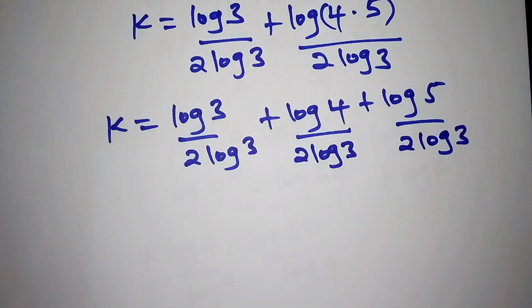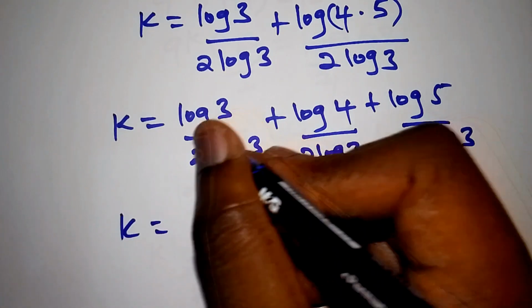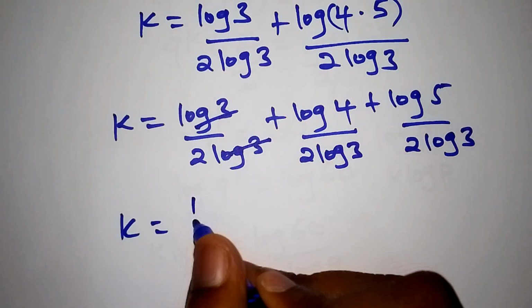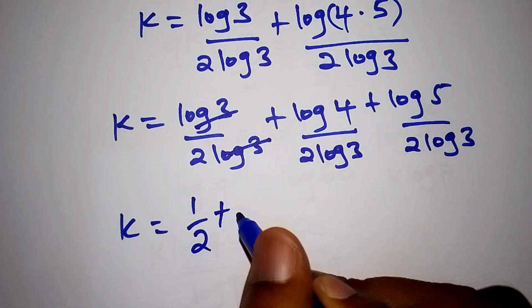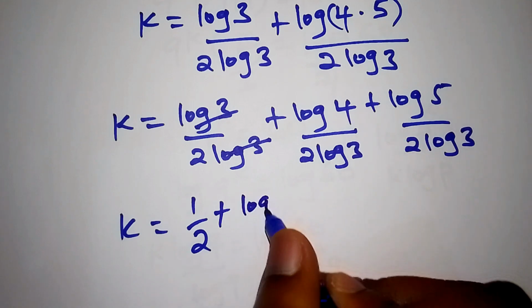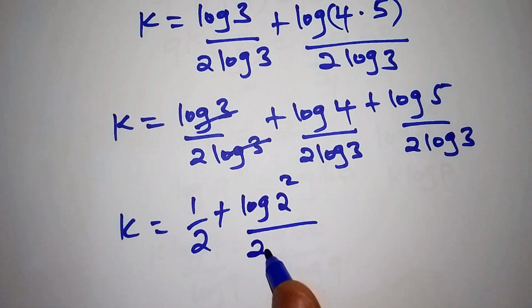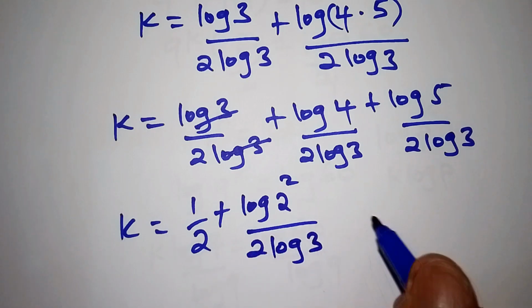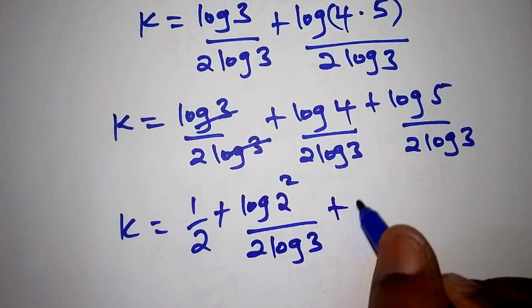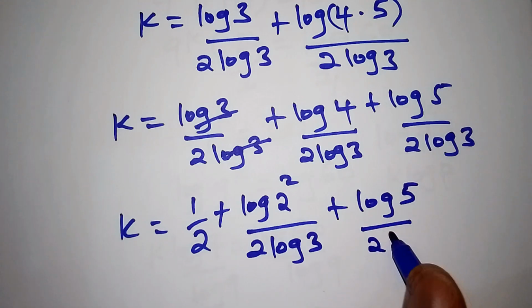Log 3 and log 3 cancel, so now we have 1 over 2, plus the log of 4, which can also be written as the log of 2 to the power of 2, all over 2 the log of 3, plus the log 5 all over 2 the log of 3.